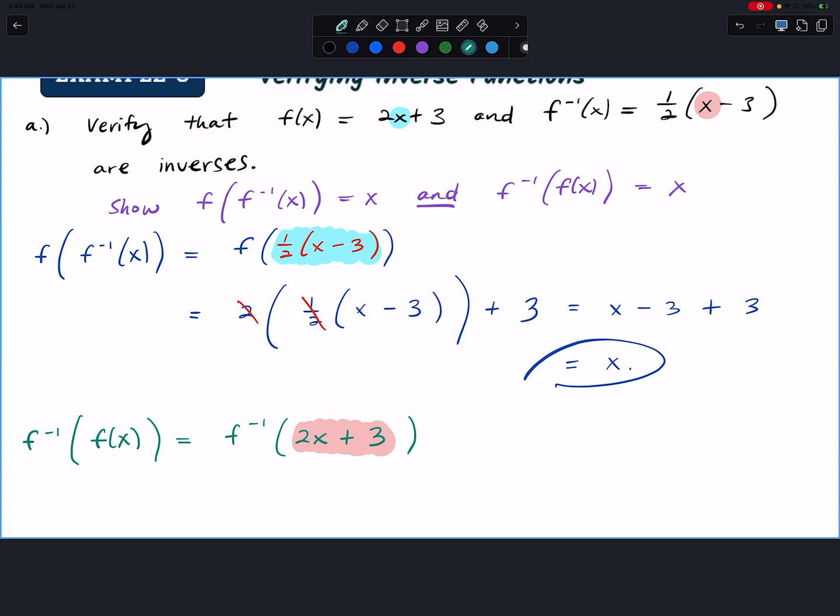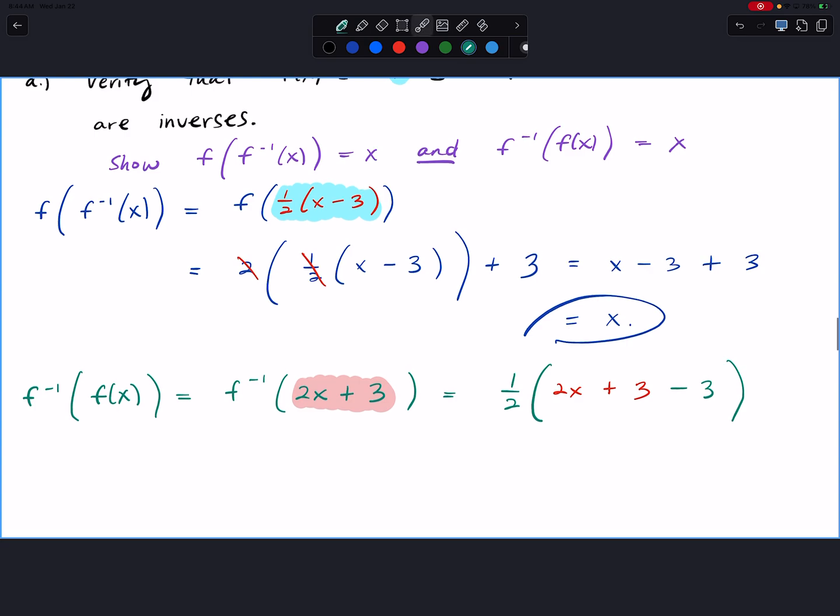So this will equal 1/2 times, I'm replacing it with the 2x plus 3, and then we also have the minus 3, so I need to include that, so minus 3. Okay, combine like terms, the positive 3 and negative 3 just cancel out.